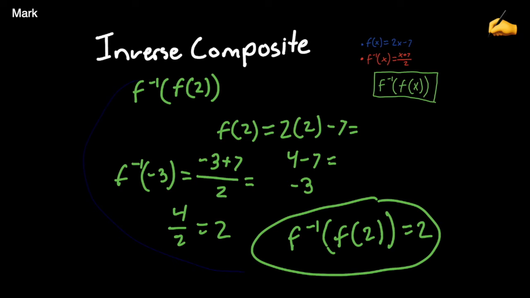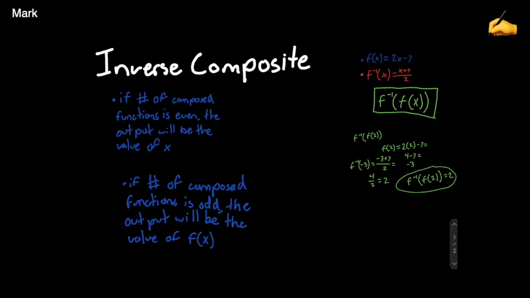Now let's analyze that and record our observations. So here is the analysis of inverse composite functions. There are two key takeaways that we should be focusing on here. The first one is about the number of composed functions inside a composite function.